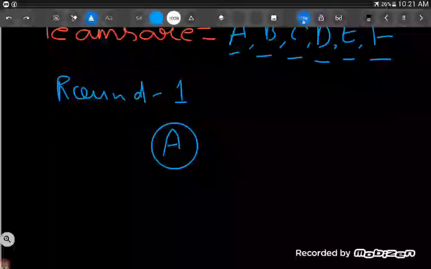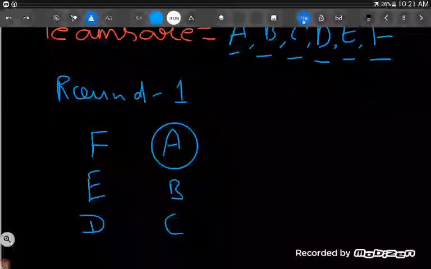Only 50% of teams should be on the right side and 50% on the left side. So the second team is B, then you will write team C, then team D, team E, then the last team is F.